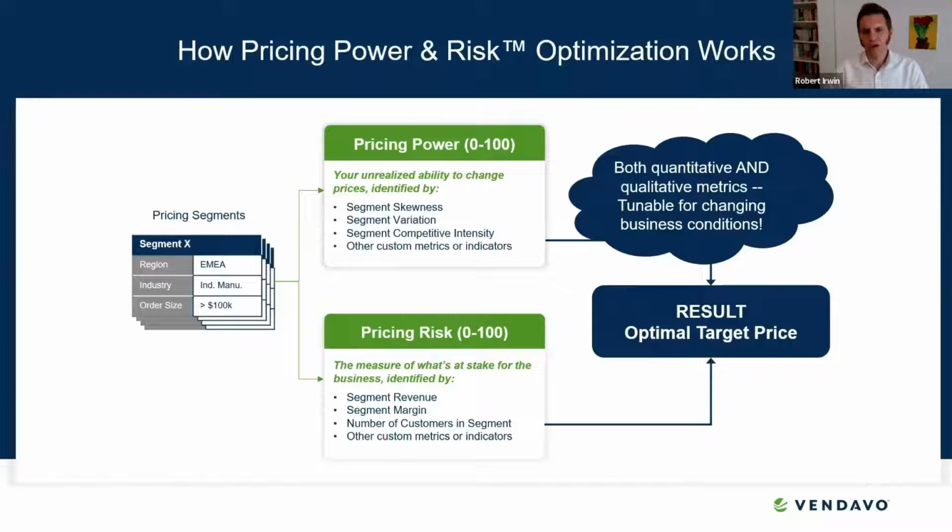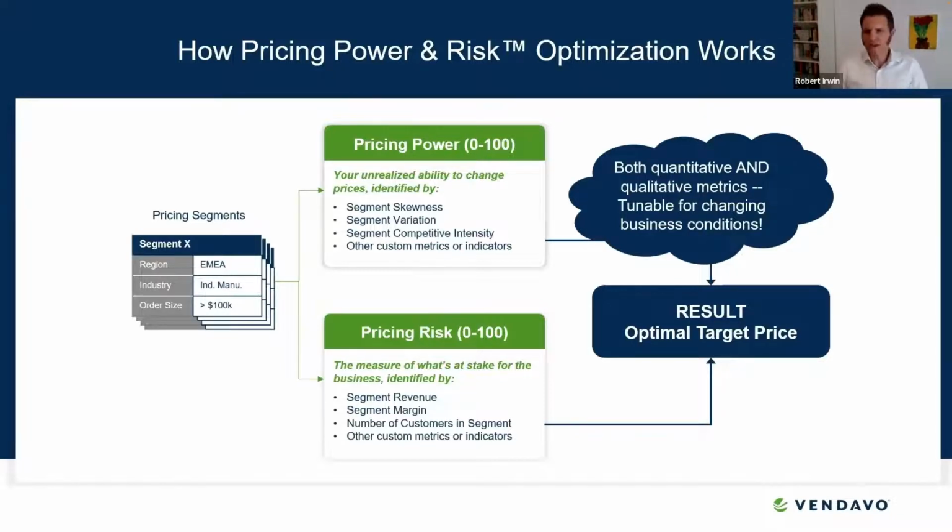A combination of quantitative metrics that we can derive from the data and qualitative metrics that can be brought into the model. Competitive intensity, for example, is a good power metric. Capacity utilization on the market.